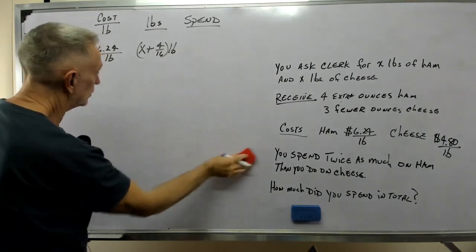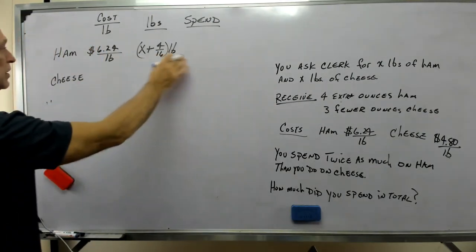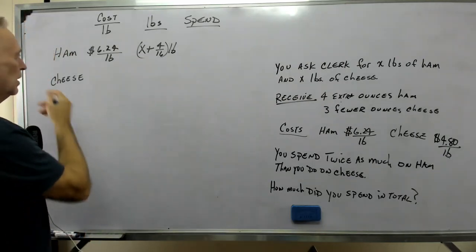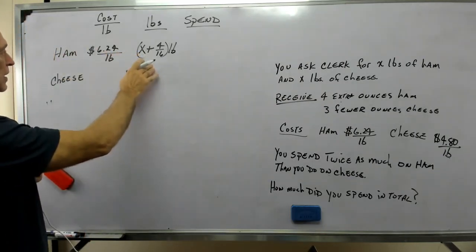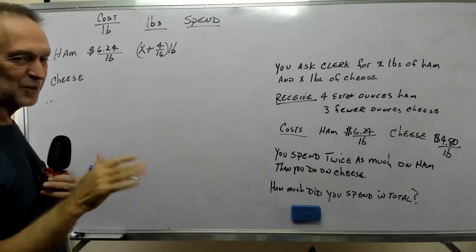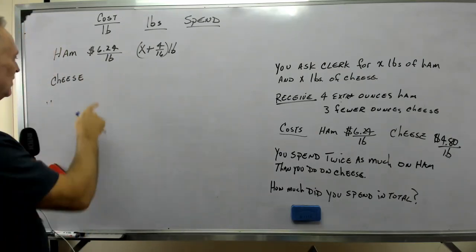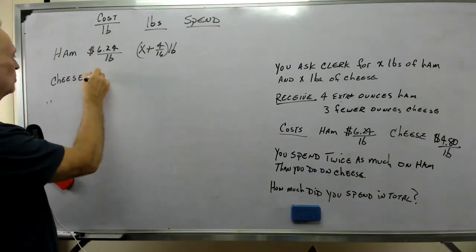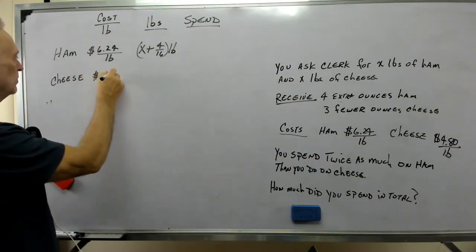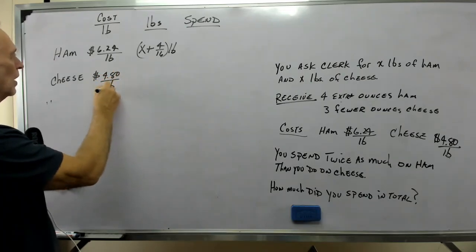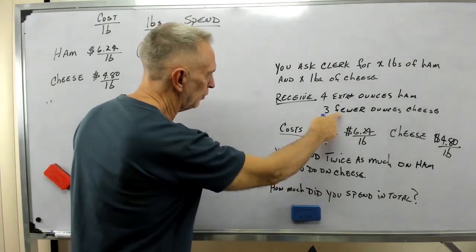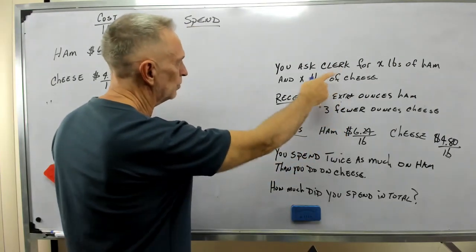Now let's do this same thing. Well, let's tell you what, let's keep going. We have 6. No, let's not. We don't know. We have to do a few other things here. All right, cheese was $4.80 per pound. And we ended up with 3 fewer ounces of cheese than what we asked for.